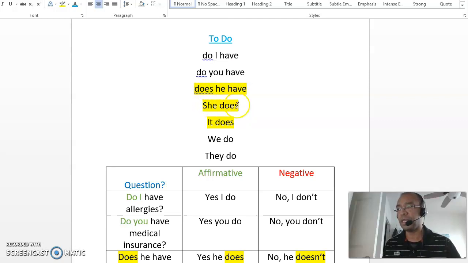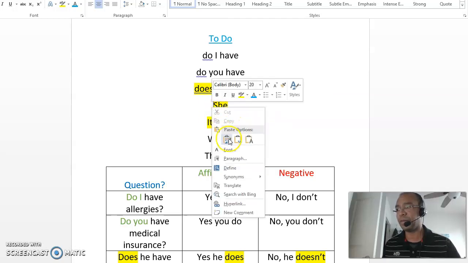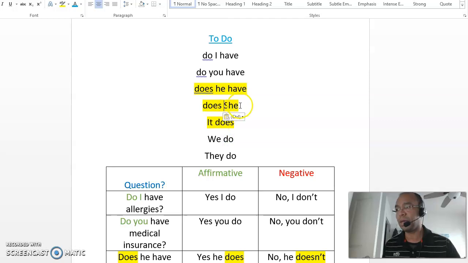Same thing with she and it. You will bring it here in front of the pronoun. Does she has? No. Does she have? That would be correct. Okay. Let's say we're talking about the clinic. It will be it.